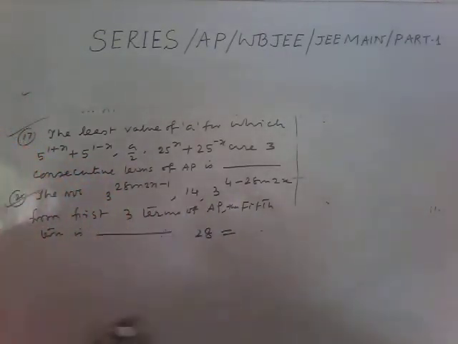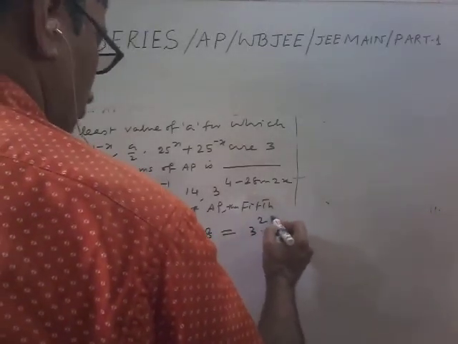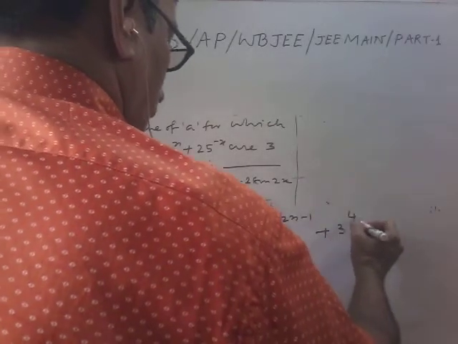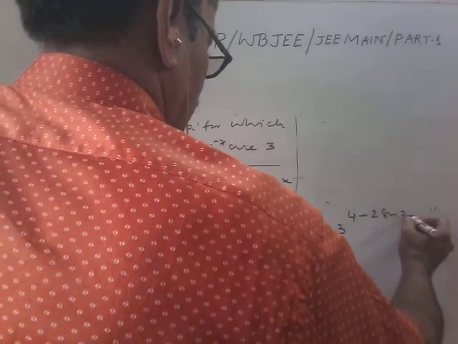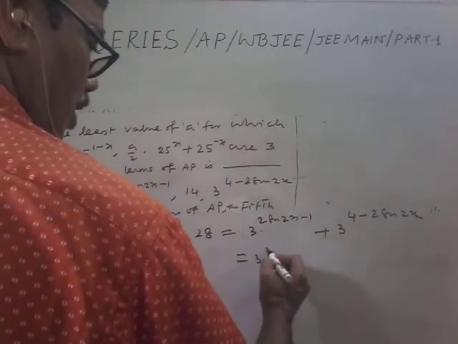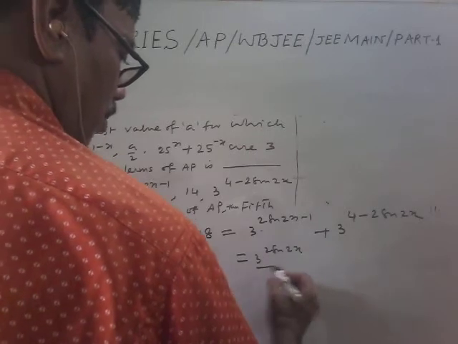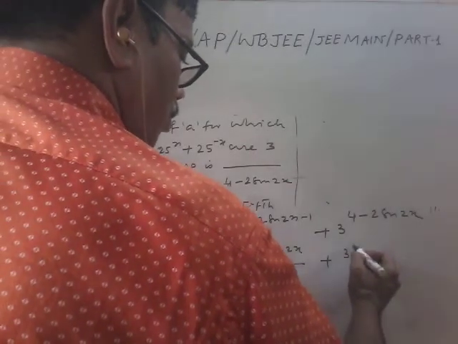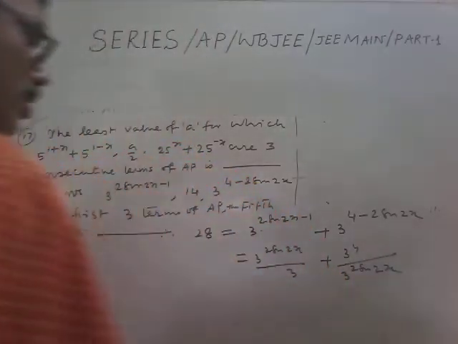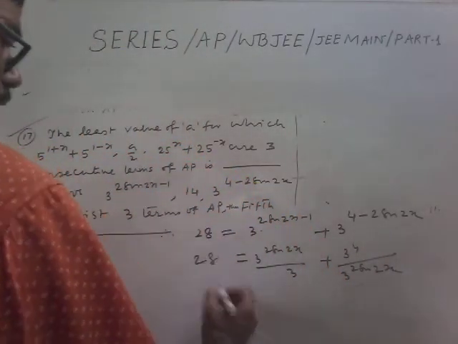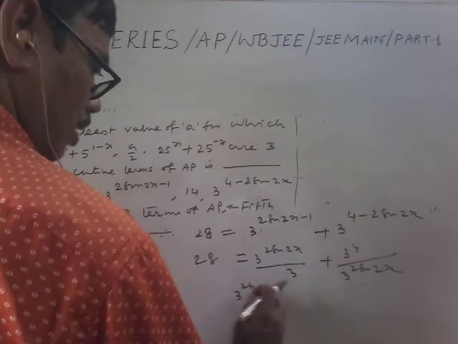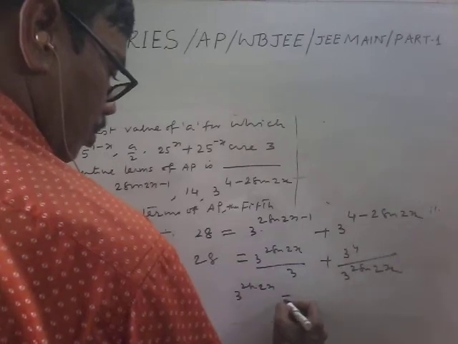Therefore 28 equals 3 to the power 2 sin 2x minus 1 plus 3 to the power 4 minus 2 sin 2x. So this is 3 to the power 2 sin 2x by 3, plus 3 to the power 4 by 3 to the power 2 sin 2x. Then put 3 to the power 2 sin 2x equals a.